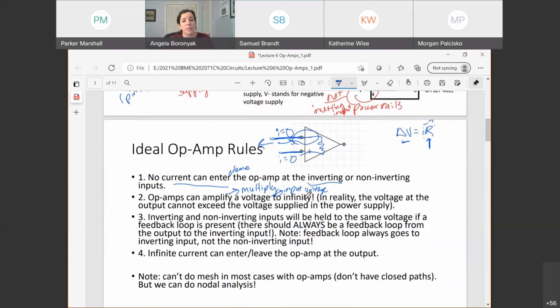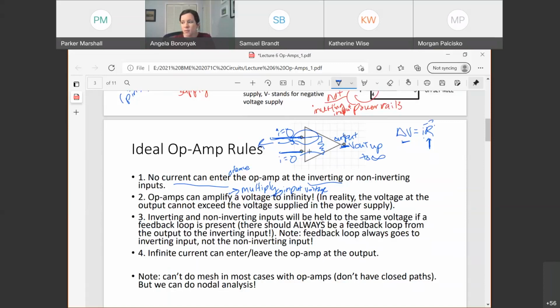So if we're analyzing them on paper, we like to assume what can come out of this at its output, right here, could be up to infinity. So if I measure a voltage out on that wire, it could go up to infinity. In real life, nothing goes up to infinity, right?